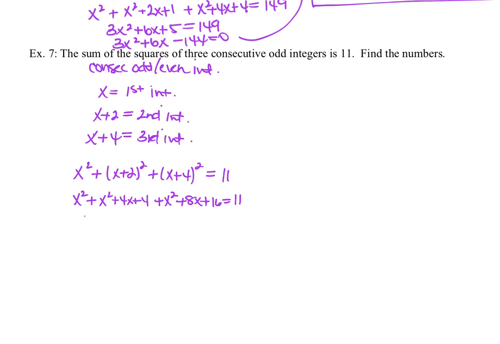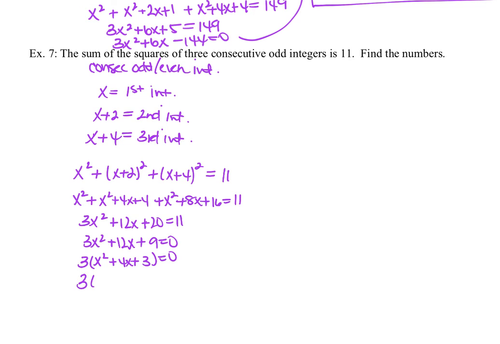I'll combine all my like terms. Subtract 11. I can take out a 3. And then this factors (x plus 3), (x plus 1). So we get x is -3 or -1.